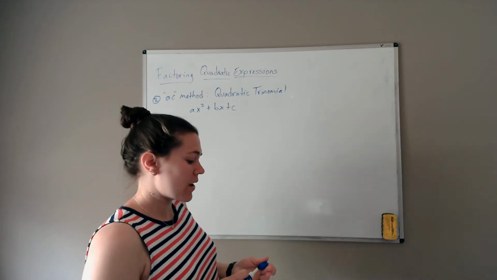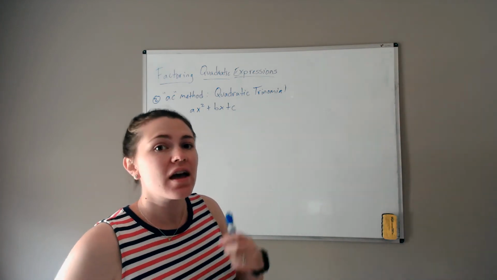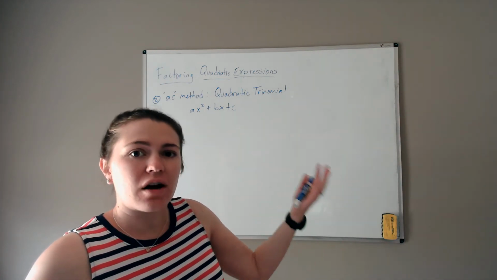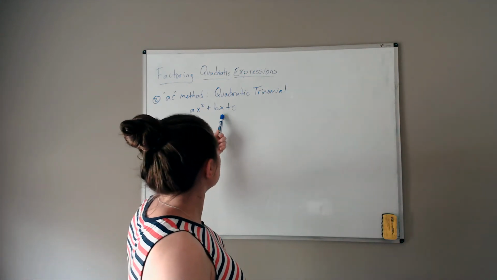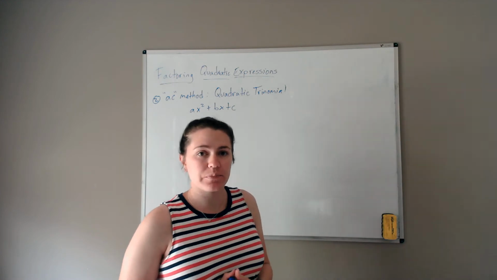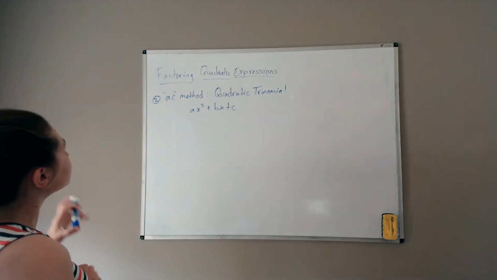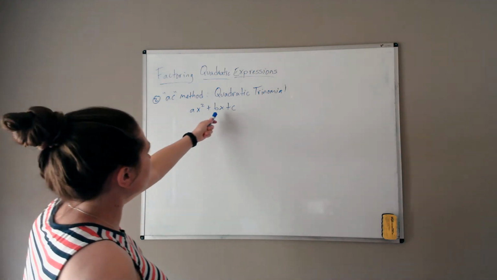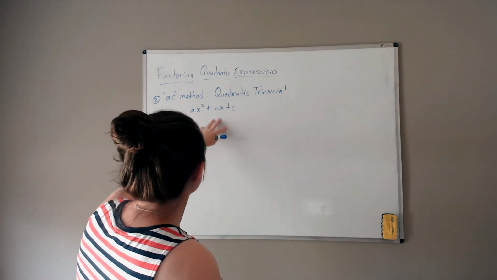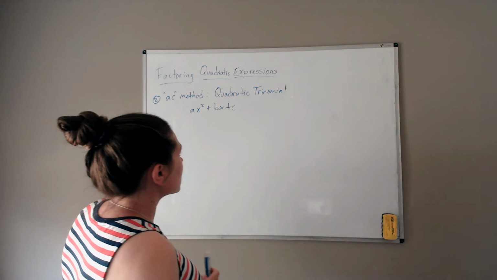There might be other ways to come up with a factored expression, but not all quadratics can be factored using these methods. So we're going to get our quadratic trinomial ax squared plus bx plus c and see how to use the AC method.